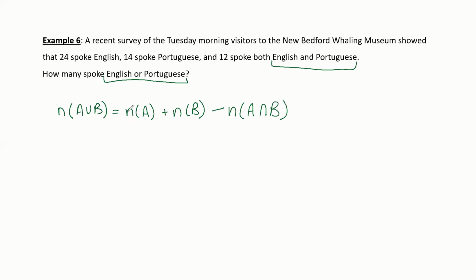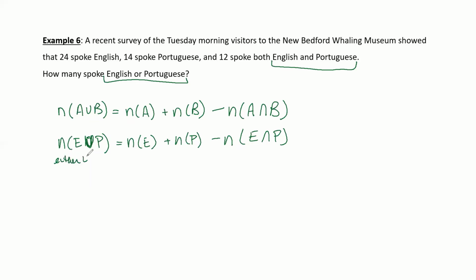Now we're going to be talking about English and Portuguese, so I'm going to change that to be E for people who speak English, union, and P for people who speak Portuguese. Then it's easier. So number in E plus the number in P minus the number in E intersect P. So E union P are the people that speak either English or Portuguese.